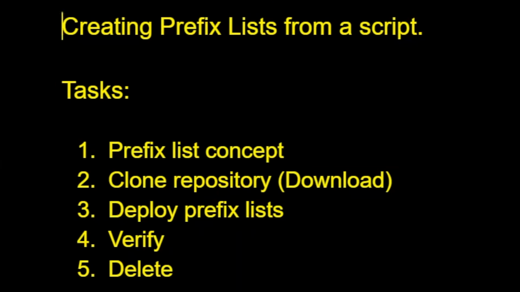We went over the concept. We cloned the repository. We deployed the prefix list. We verified that we can deploy them and they're there. And then we deleted the prefix list. This is pretty much it. So hopefully this is something that is obviously different. We are slowly building network infrastructure as code.